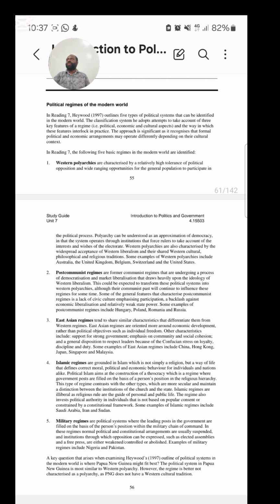Now let's say if you want to read about a country or study a country, you can use these 5 classifications to see how the country operates, which ideology it follows, or why a particular country is acting in such a way that is against the values and beliefs of another country. So all this can be analyzed through these types of political system. Okay, so number 1 we have the Western polyarchies.